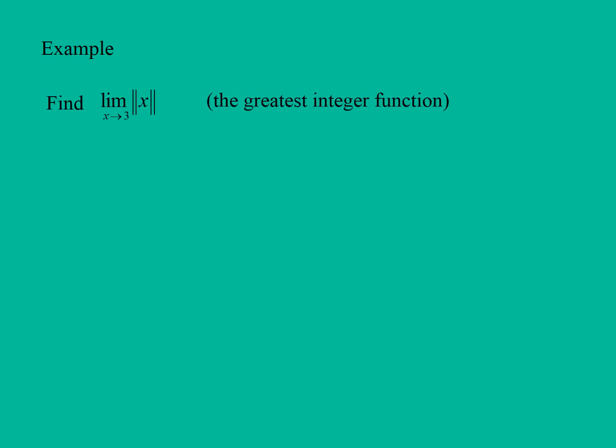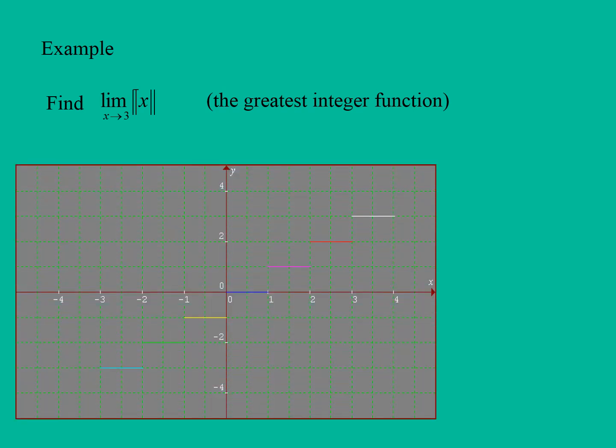This is the greatest integer function. We've already looked at this example. If we're looking for the limit of the greatest integer function as x approaches 3, we know the function is not defined here, but up here.